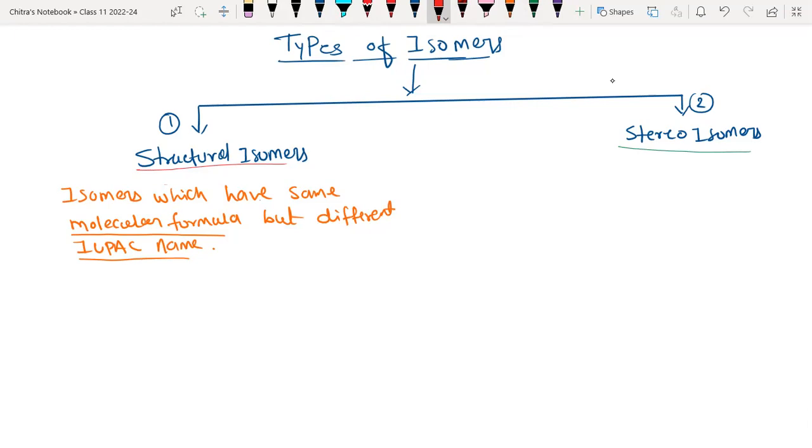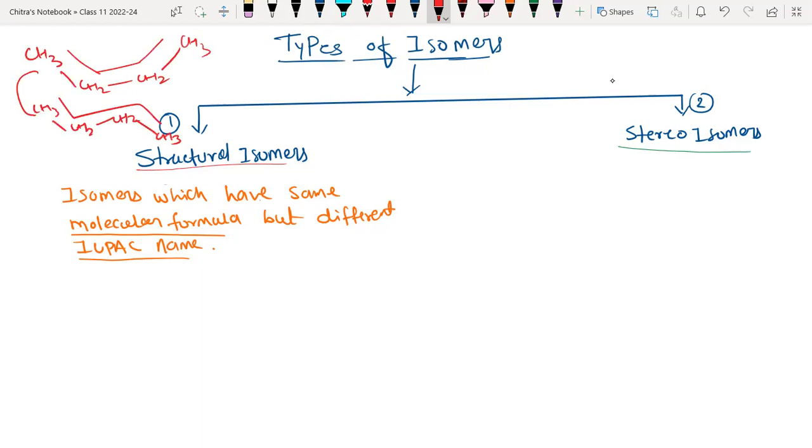Like suppose in the case of butane, here we have CH3, here CH2, here CH2, and here CH3. So this is the boat form, right? But if we write it in such a way, CH3, CH2, CH2, CH3, this is the chair form. So these two isomers come under stereoisomers.